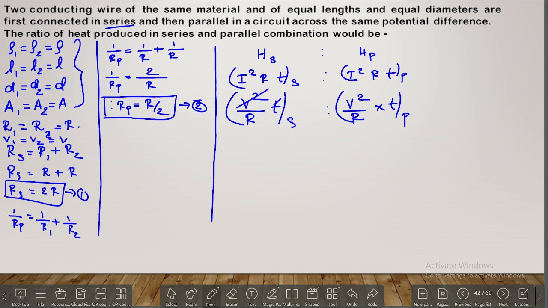Since we are comparing the ratio, the potential difference and time are the same. But you should not cancel the resistance, because resistance in series is 2R and resistance in parallel is R by 2.